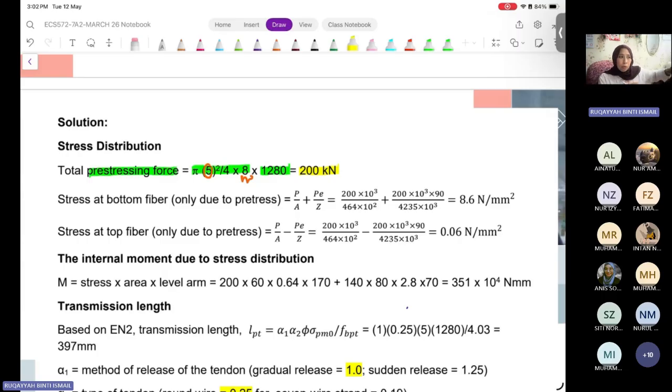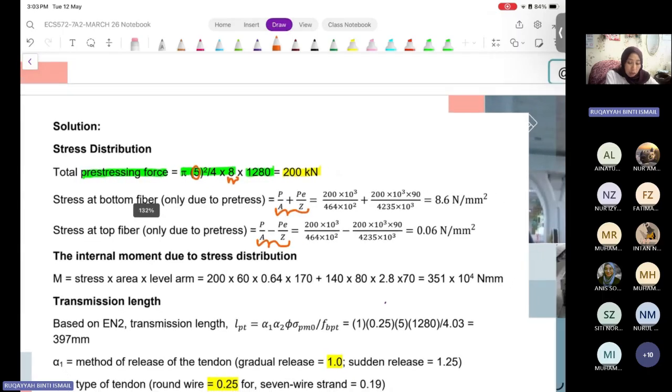The possibility of failure at the end of the beam, which is why we want to design our end block, is caused by the pre-stress force. So we calculate only the stresses contributed by our pre-stress force, which are P over A plus Pe over Z, and P over A minus Pe over Z. Technically we get the stress at the bottom and also at the top.